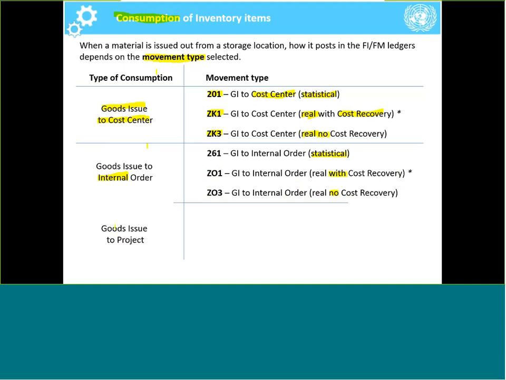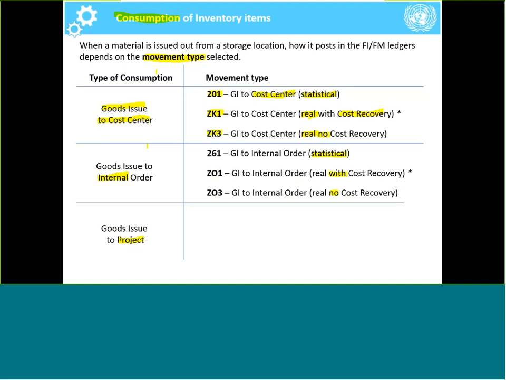And lastly, you can also issue out from your stock in relation to a project, in relation to a WBS. Later on we can discuss the asset under construction and how that also affects this, because an AUC is also considered a project, and you can issue out materials related to that project.